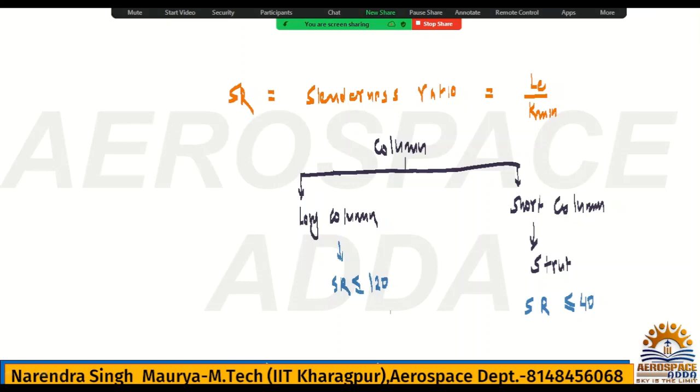In short, we'll write the assumptions also, then we'll write all the formulation. So basically, for the column, Euler, the name of the scientist, gave the calculation, and that is also called Euler's critical load for long column. Our concentration, as I mentioned, is the long column. So whatever formula PCR I had shown you, it is Euler's formula.